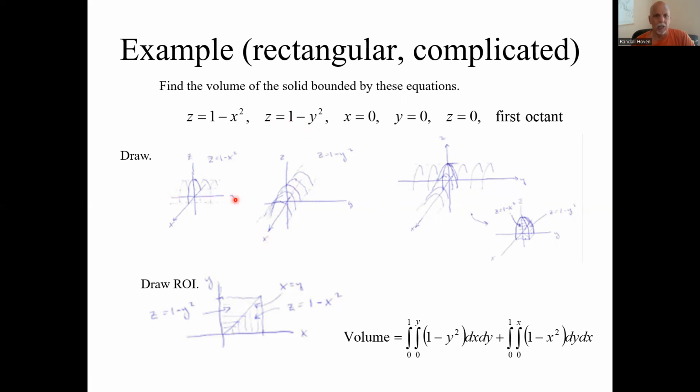This first tunnel is aligned with the y-axis. This is aligned with the x-axis. And let's see. x equals 0, y equals 0, and z equals 0. You kind of have to think of the intersection of those two tunnels.